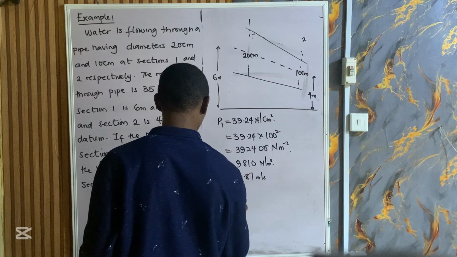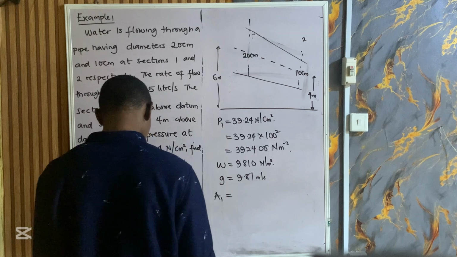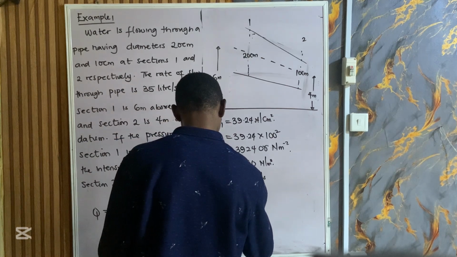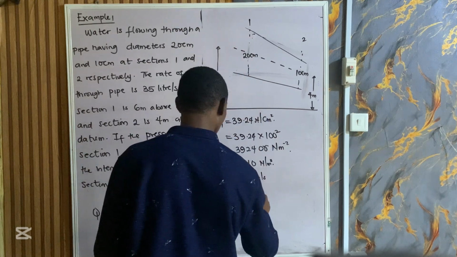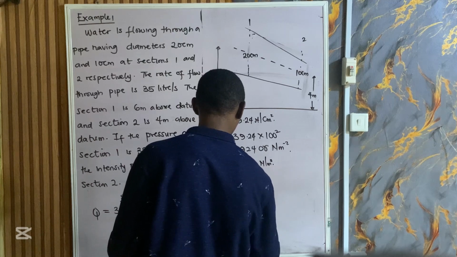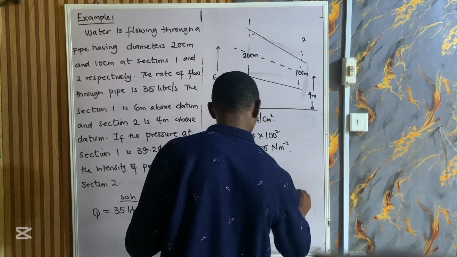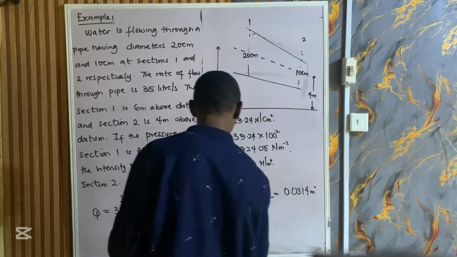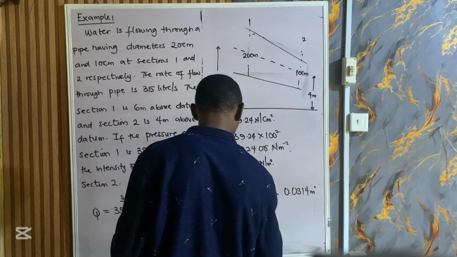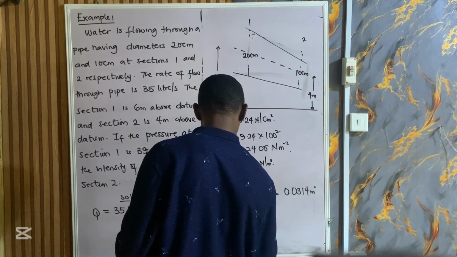Since the diameter is 20 cm, area of section 1 will be given as pi times the diameter, 0.2 squared, over 4. And that will quickly give us 0.0314 meter squared.